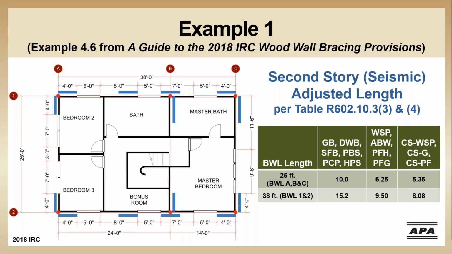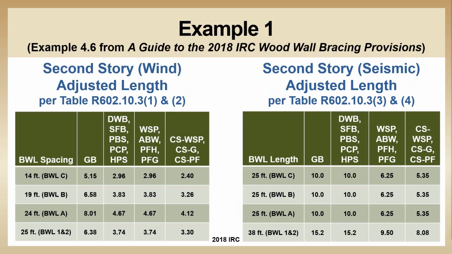So I'm going to do a table-to-table comparison just to check that out. This is a comparison of the top floor. You'll notice I reconfigured the tables a little bit just so they're easier to compare. Between the seismic design tables and the wind design tables, the methods are grouped differently, so I've separated them all out just to visually compare them easier.